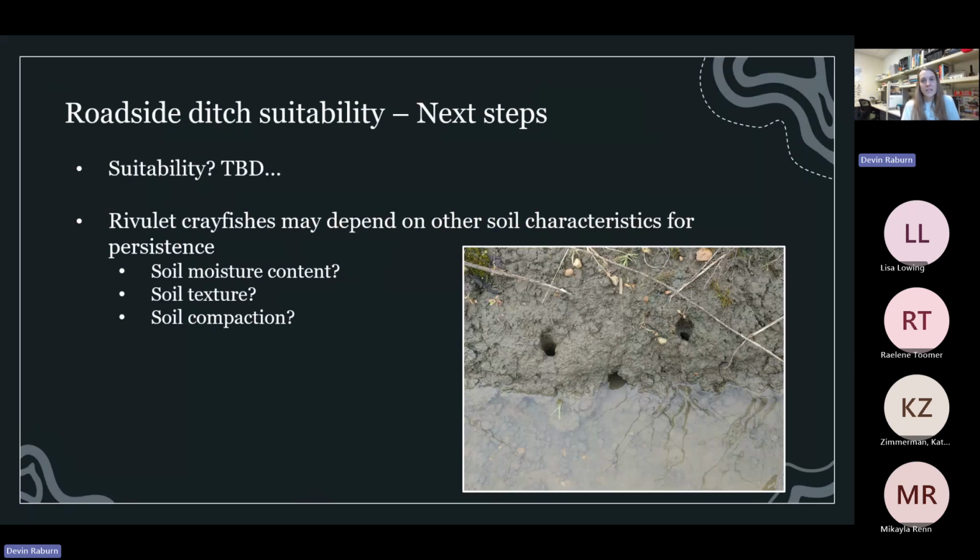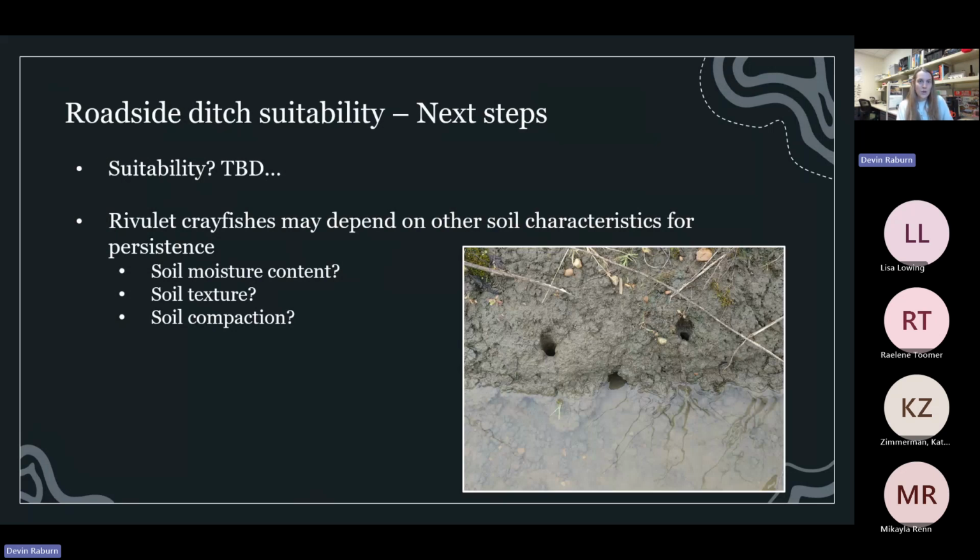We have these results that groundwater might not be influencing their occupancy in these ditches. And so they might depend on other soil characteristics for their persistence. We know that somehow they are persisting in these dry systems when we can see now that they don't have access to groundwater. So how might they be doing that?